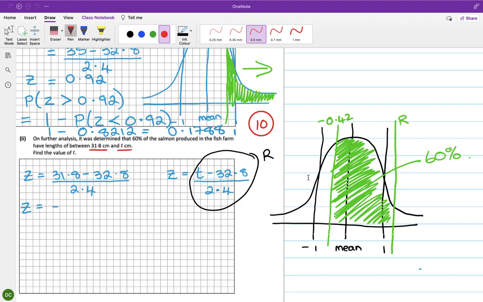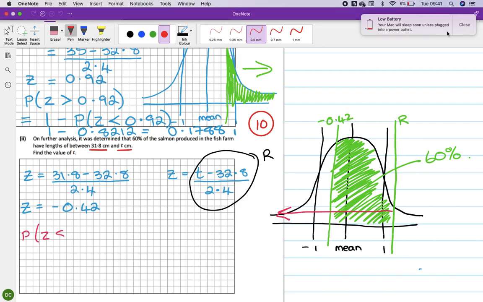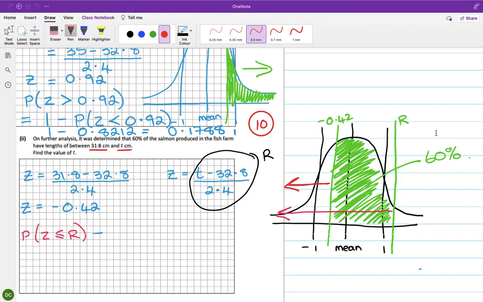So the probability of being in between the two green lines is 60% according to the question. Now, the way we do in between is we do the probability of being on the left of the right z-score, minus the probability of being on the left of minus 0.42.